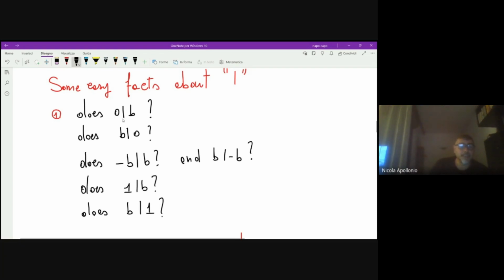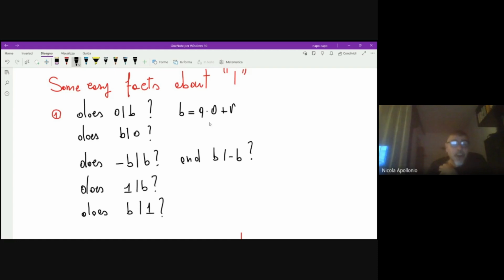Does 0 divide B? I don't know. Let me check. Can I find a multiple? Let us try. Can I represent B as a multiple of 0?